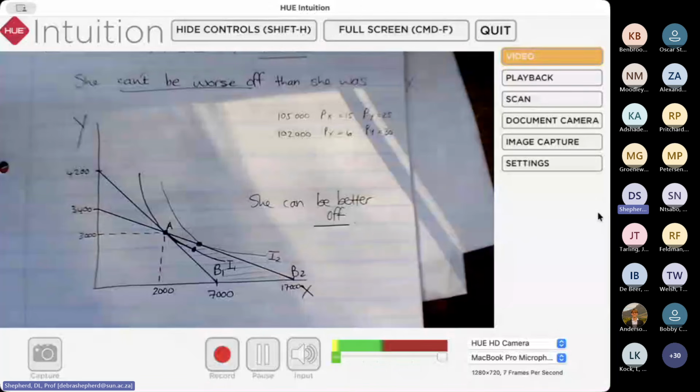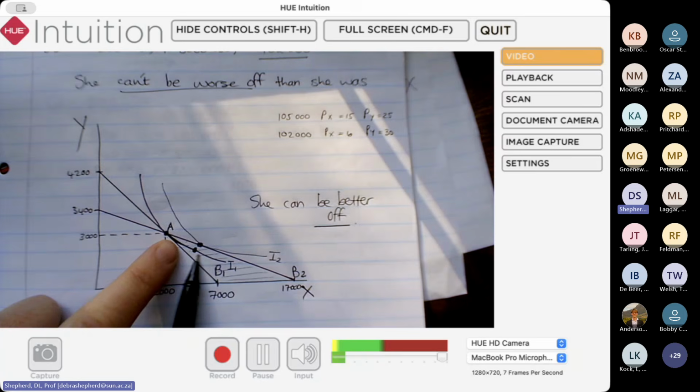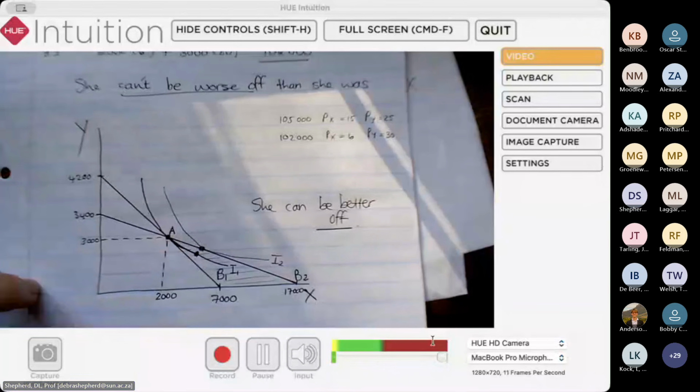That's why I can plot it like this and reason that this person would be better off in the future. For this type of question, without knowing the utility function, it's best to just draw it and see that it offers her more possibilities, which means she can end up on a higher indifference curve. So it would require some additional functions for you to do it mathematically.